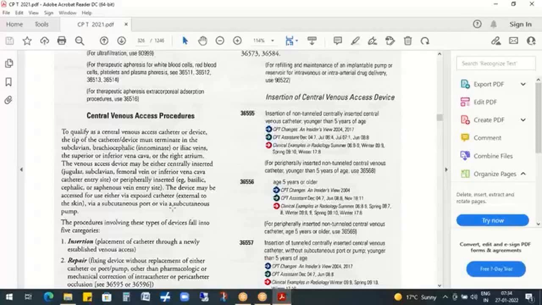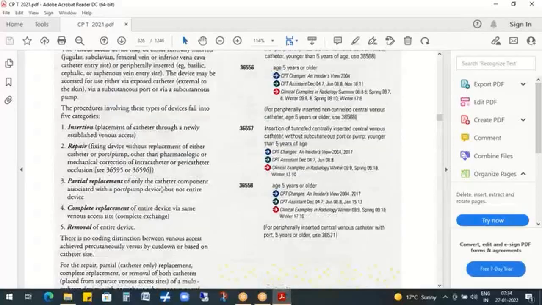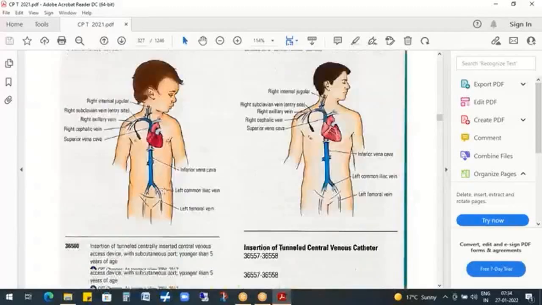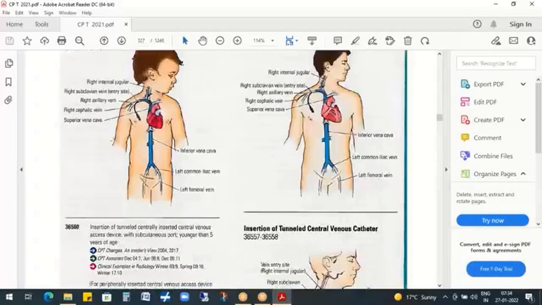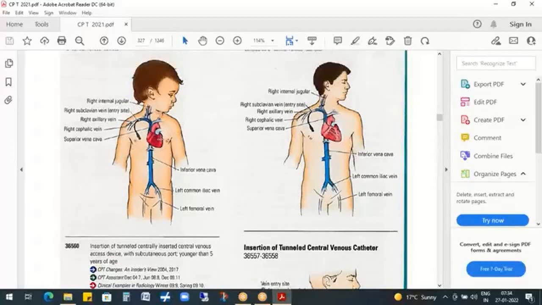Next, you need to look for tunneled or non-tunneled. Now write down the definition of tunneled. Now I will show you the diagrammatic representation. Can you check this diagram on my screen? Young child, can you see? Yes, sir.